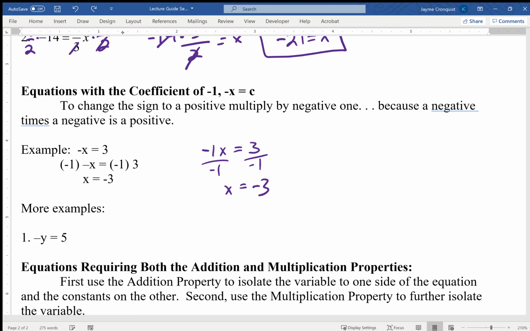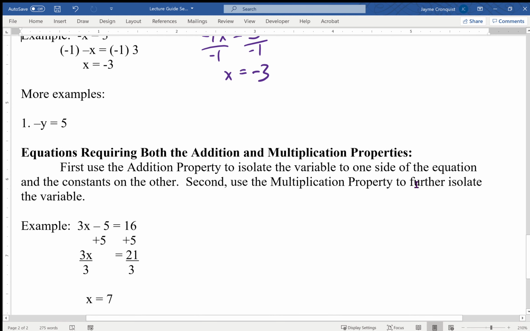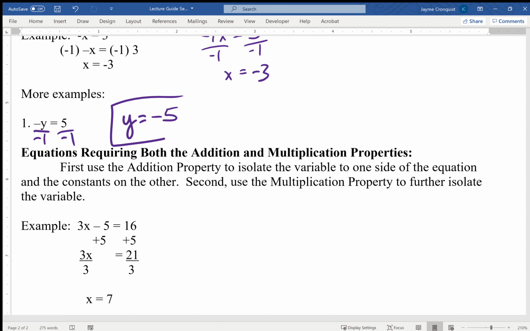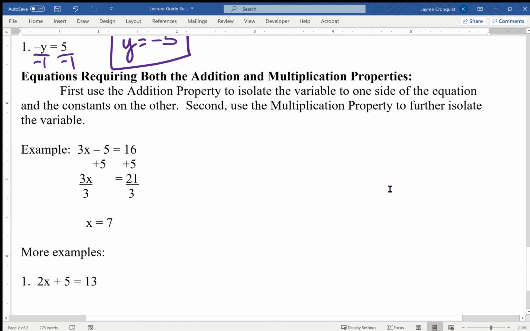You can either multiply by negative 1 or divide by negative 1. The answer is going to end up the same. So if negative y is equal to 5, then for me, I would do this. Y equals negative 5. You can do it by multiplying both sides by negative 1. Works the same.